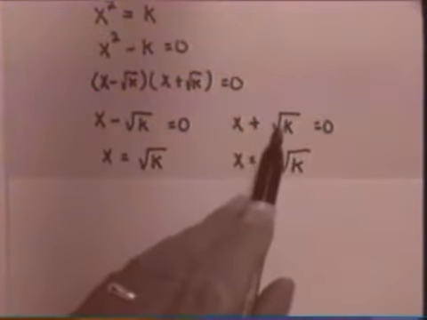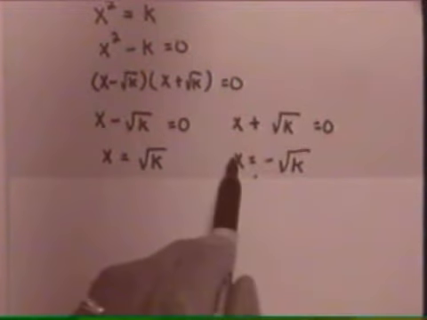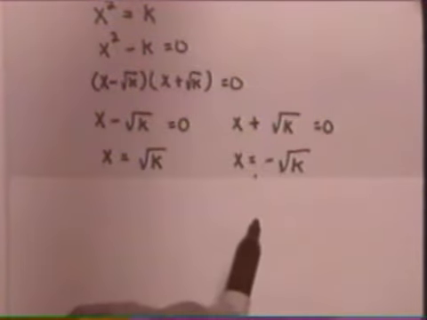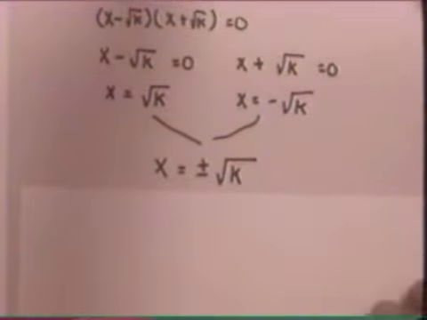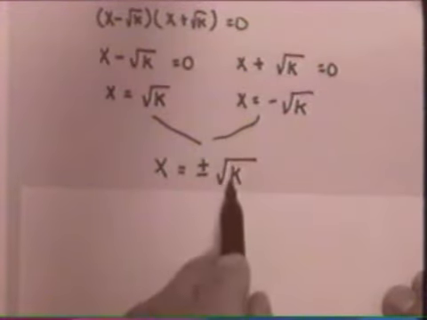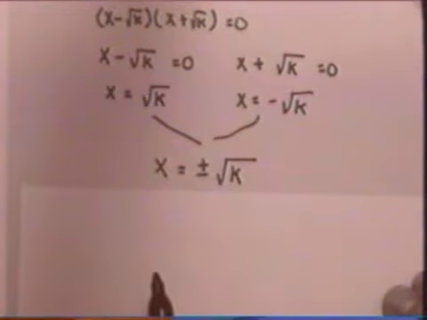Here I add a negative square root of k to both sides to get x is equal to a negative square root of k. I can put them together to get x is equal to plus or minus the square root of k. So I did exactly the same thing I did with the last example, but in this case I'm using a letter, which gives me a general formula or general way of doing it.